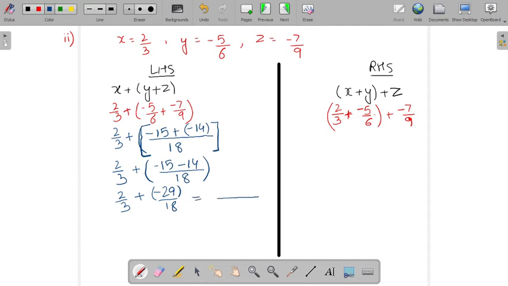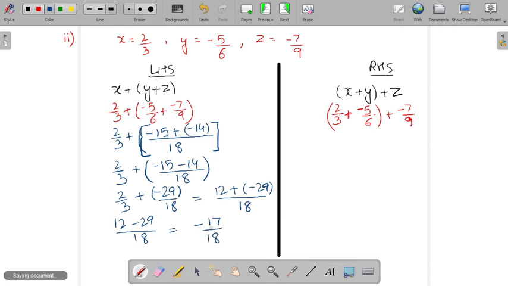So, the LCM would be 18, divide 6, 12 plus minus 29. So, it would be 12 plus multiply minus, so minus 29 upon 18. So, 12 minus 29 would be minus 17 upon 18.